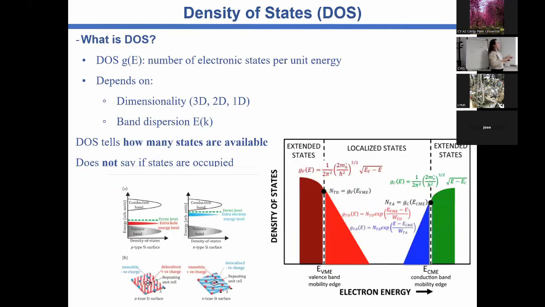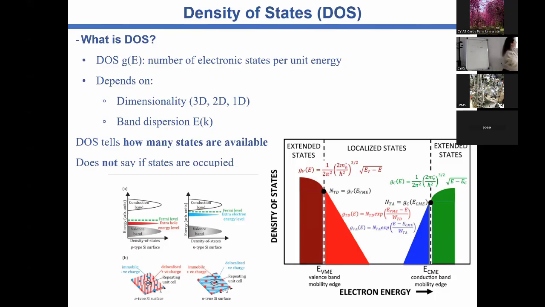So what is density of states? Density of states will give us the number of states per unit of energy in terms of the lattice potential, the lattice of the material.